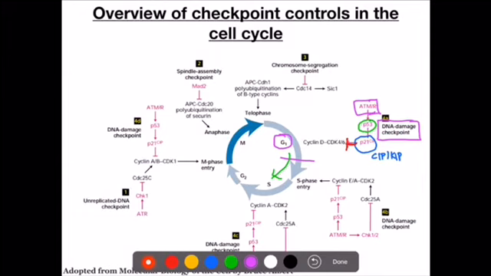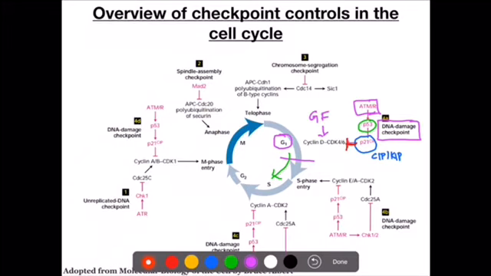This cyclin D and CDK4/6 are synthesized in response to growth factors, and these proteins are now inhibited by the CDK inhibitor, which is produced in response to the DNA damage checkpoint.